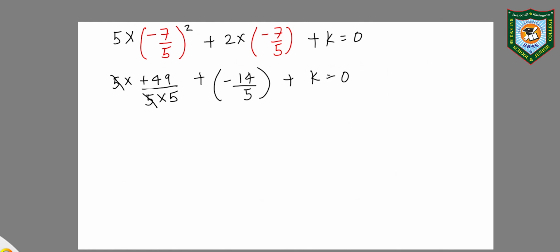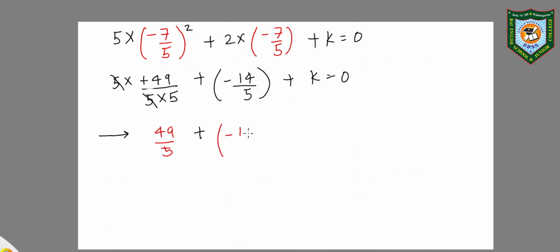Now everything except k goes to the other side so that we can find the value for k. So before we move it there, we have to write down our sentence. So here we have 49 by 5. Now plus minus becomes minus, but in the question it says a sign plus, so plus remains here, and we have to write this as a bracket because there is a minus sign inside it.